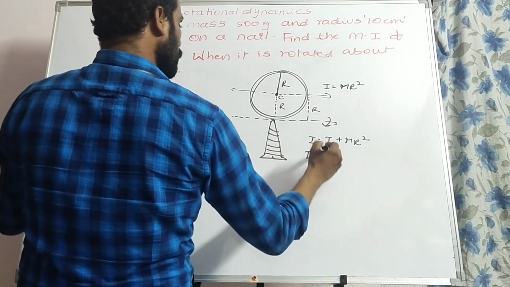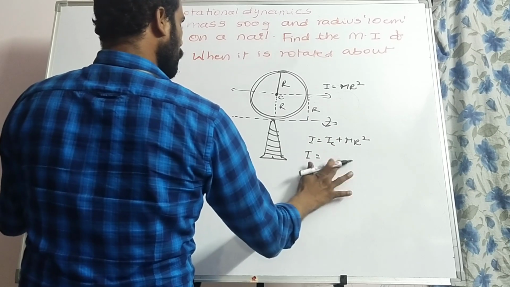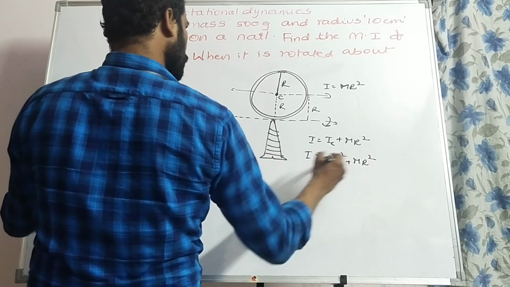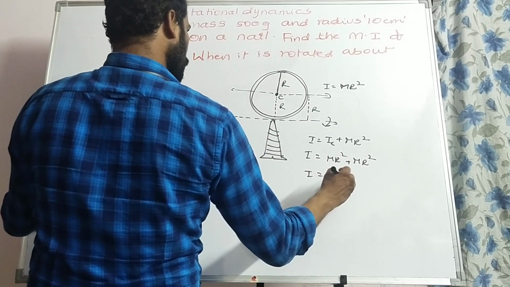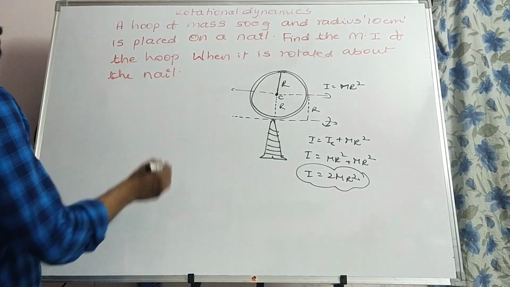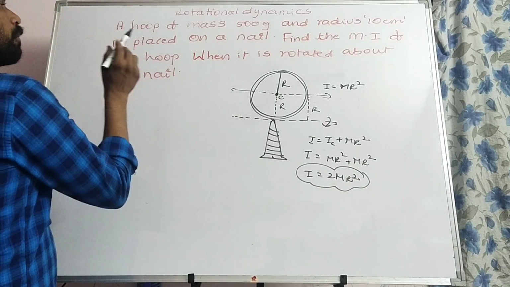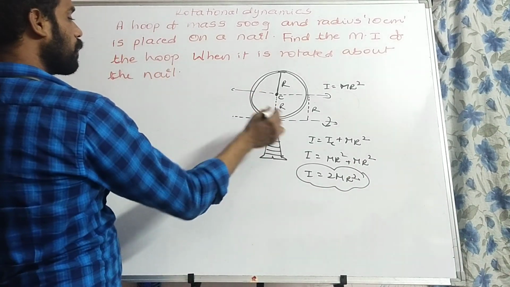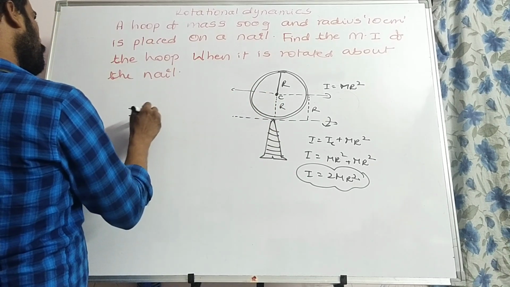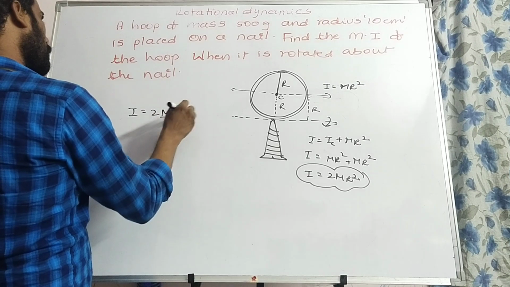Then I is equal to mr square plus mr square. I equal to 2 mr square is the expression. So the moment of inertia when the hoop is rotated about the nail is I equal to 2mr square.